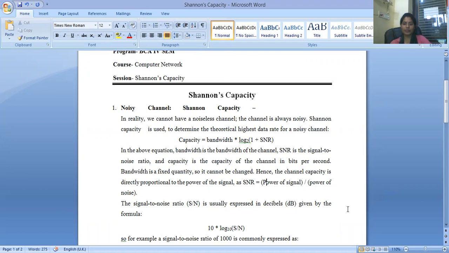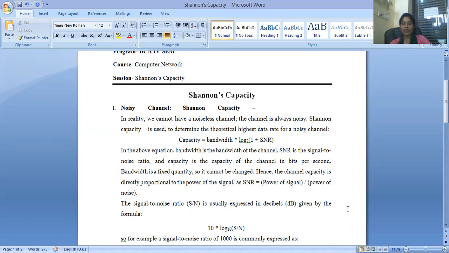Now, in this equation, bandwidth is the bandwidth of the communication channel, and SNR is the signal to noise ratio, and capacity is the capacity of the channel, and that is in the form of bits per second.